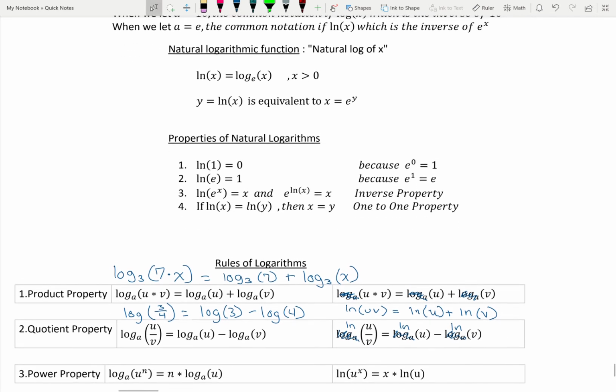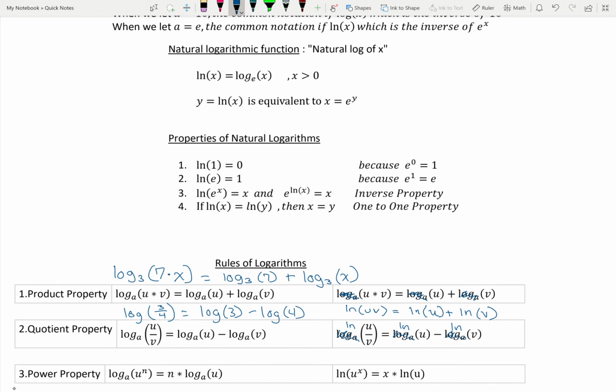The last thing here is the power property. This is probably the most common use for logs, actually, to bring down the exponent n. It says that if you have log base a of u to the nth power, it's equal to n times log base a of u.